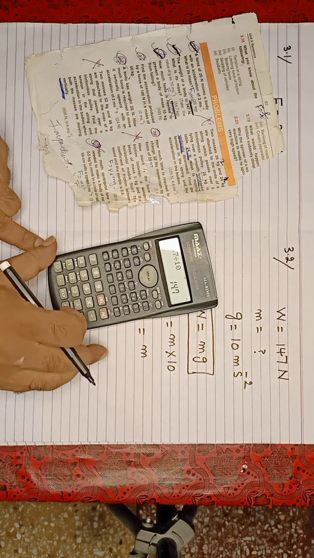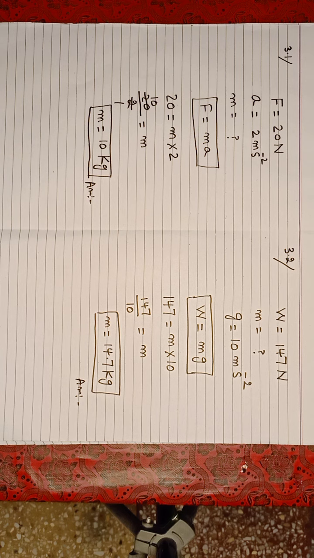So M is equal to 14.7 kg. Answer. Very simple numericals. Now we will solve numerical number 3 on another separate sheet.